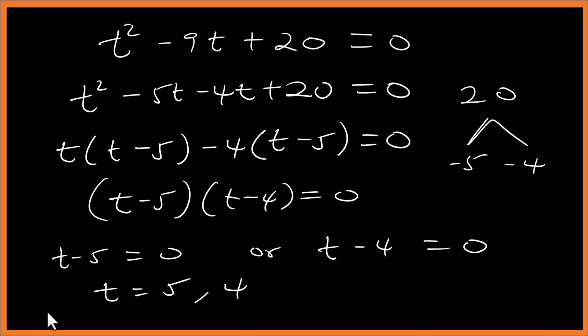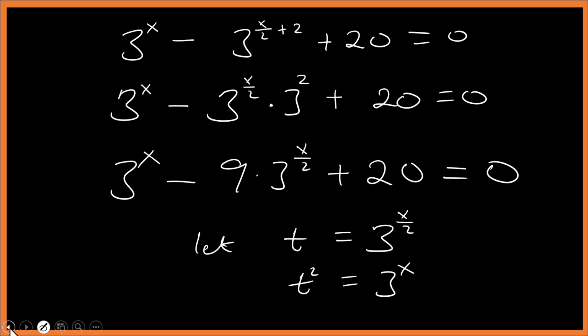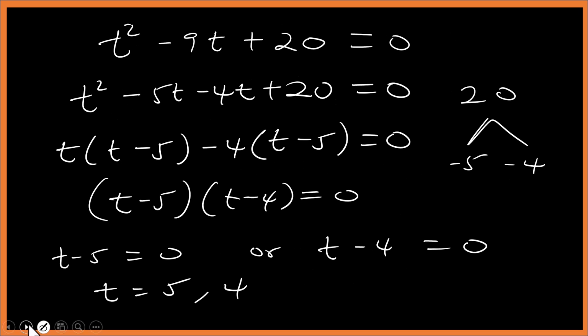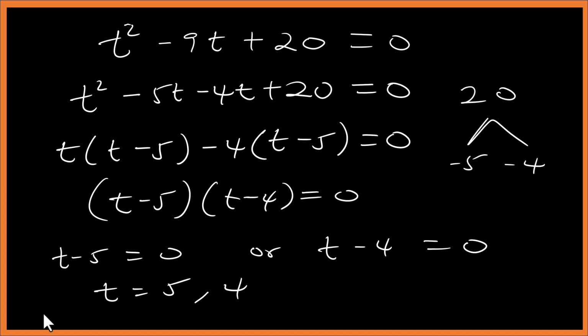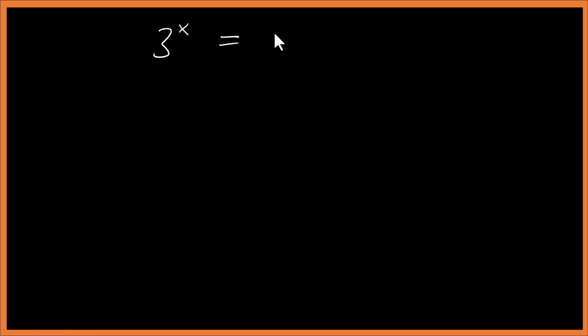Now, if t is 5 or 4, let's write the condition. We have 3 to the power x equals t squared, and we are saying t is equal to 5 or 4.